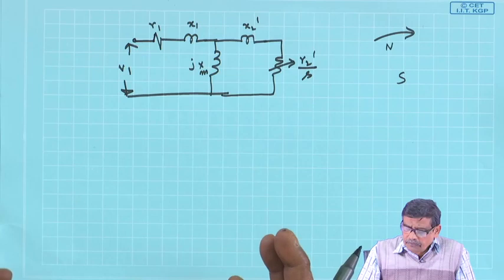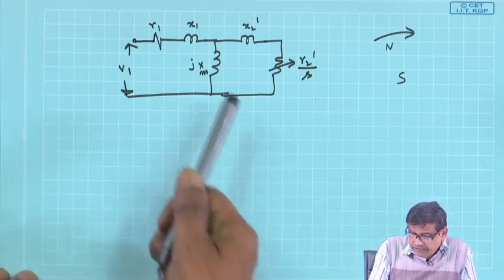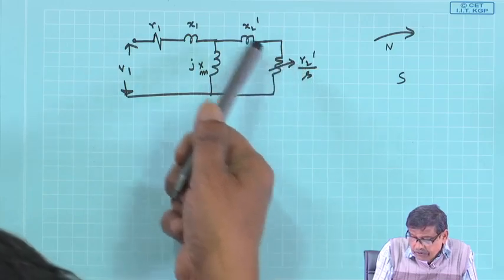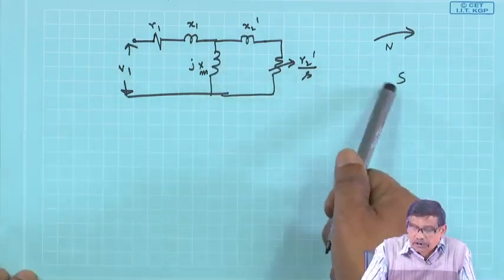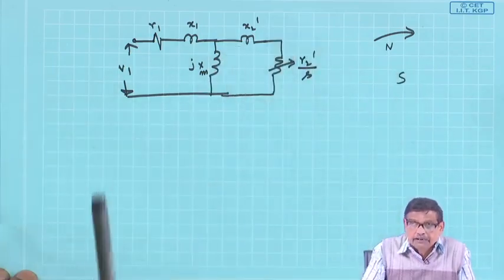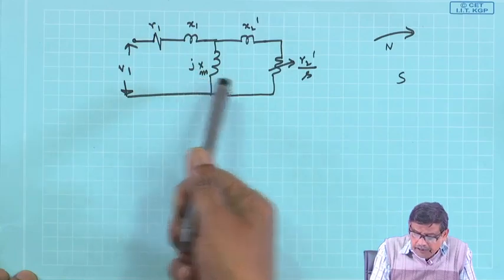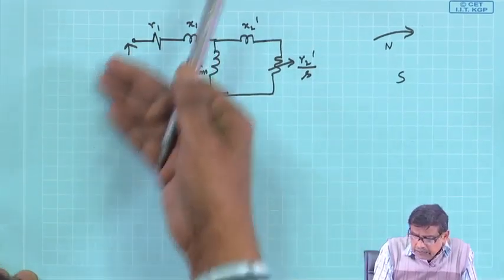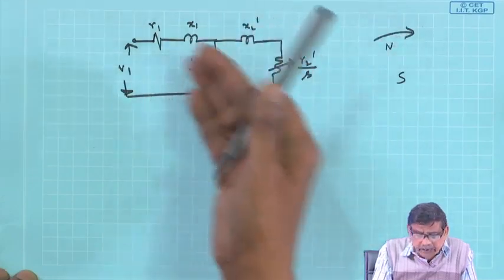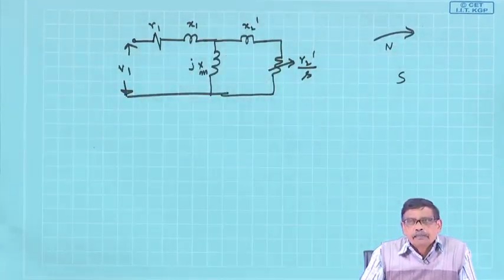And therefore, I can proceed as usual, because after all, these are the equivalent 3-phase rotor winding per phase parameters, all referred to the stator, and these parameter values can be determined by doing some simple experiments.